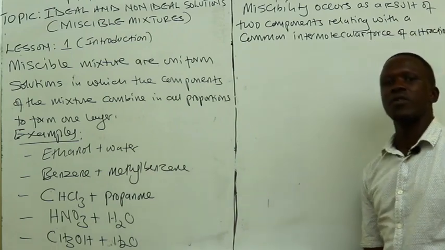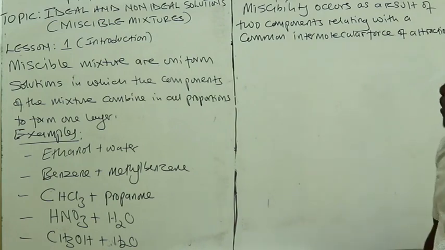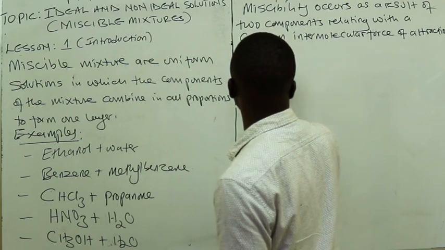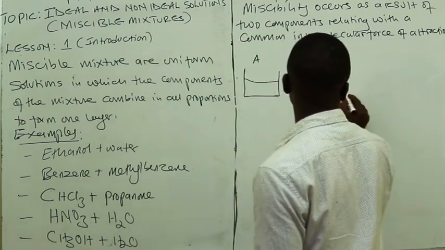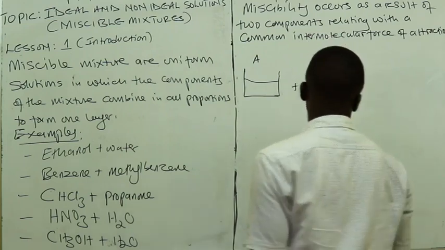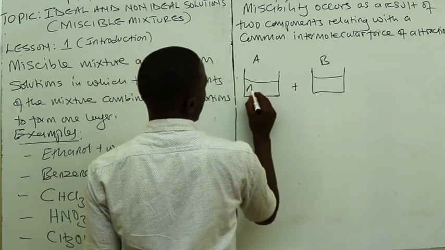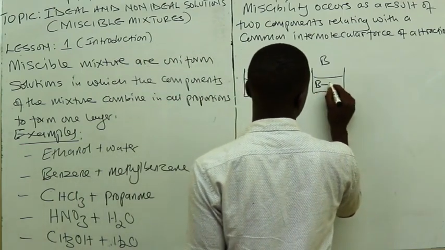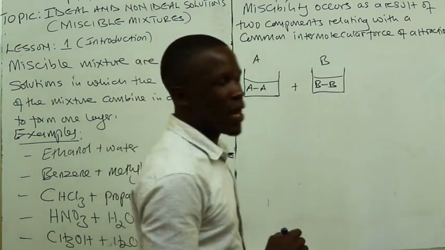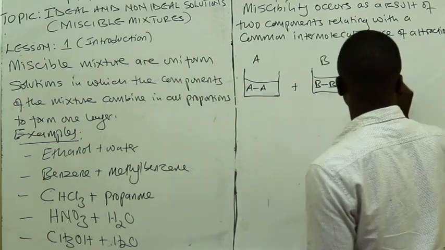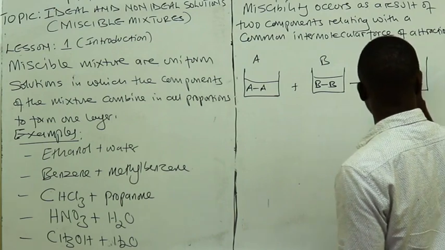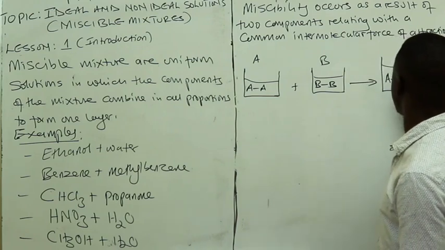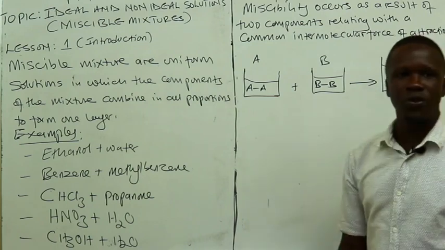Meaning that if we had, for example, liquid A, and we add liquid B, what is present in liquid A are molecules of A interacting with molecules of A. And then here, molecules of B interacting with molecules of B. And so, if the result is to be a miscible mixture, one layer, then molecules of A must find a way of interacting with molecules of B.